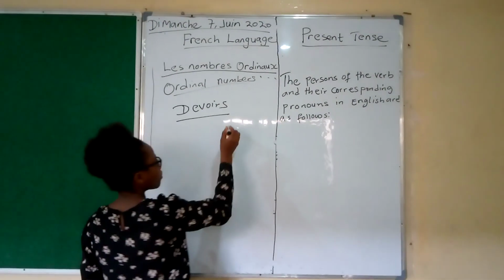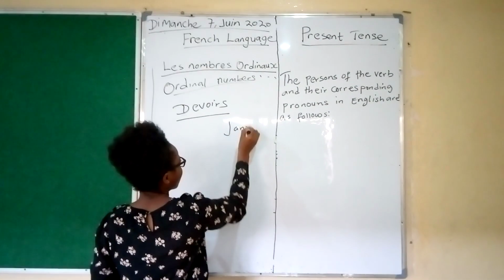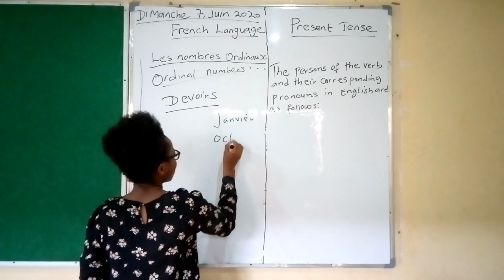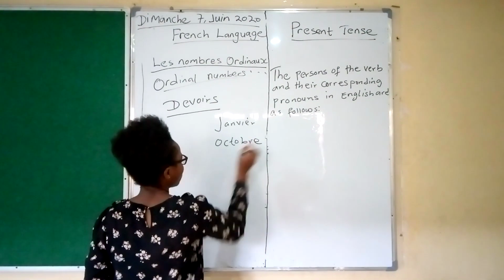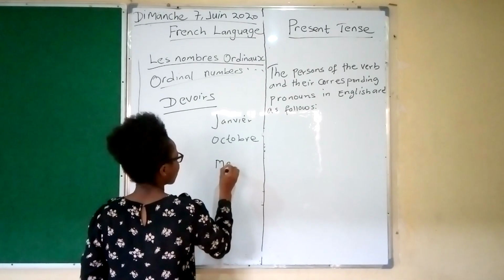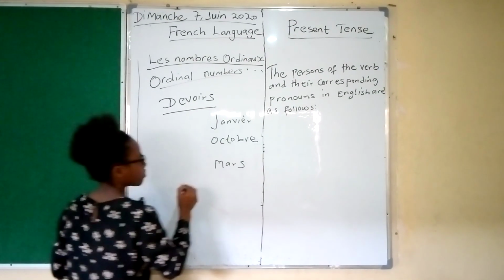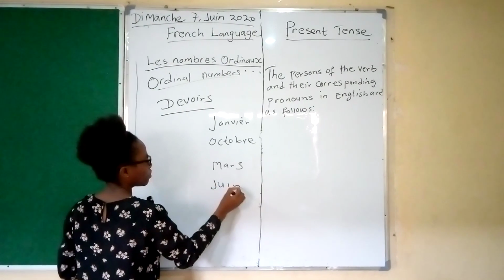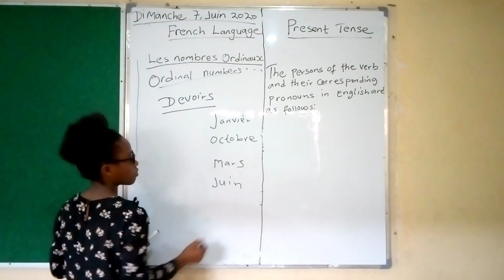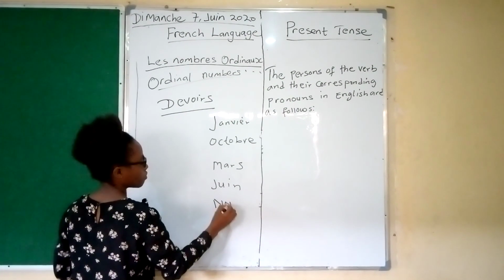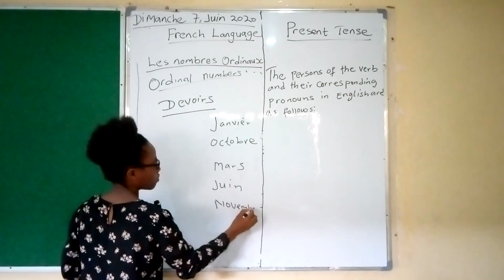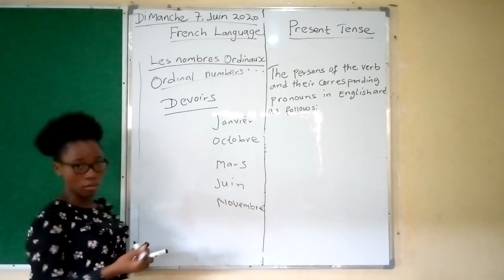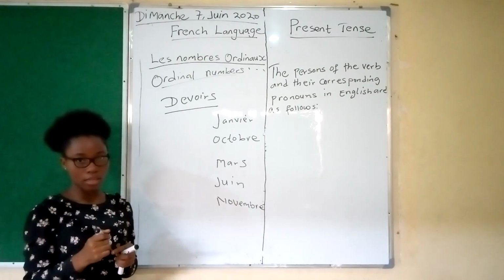For example, janvier, octobre, mars, juin, November. These are some of the months of the year. We have learned that already.